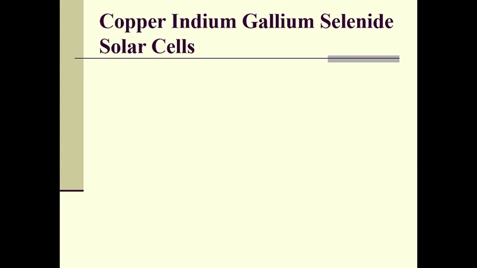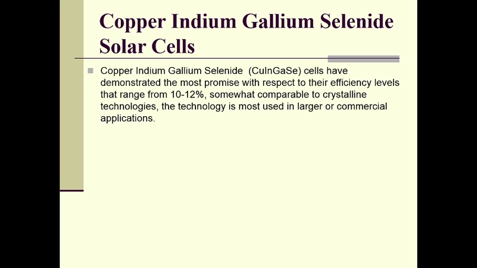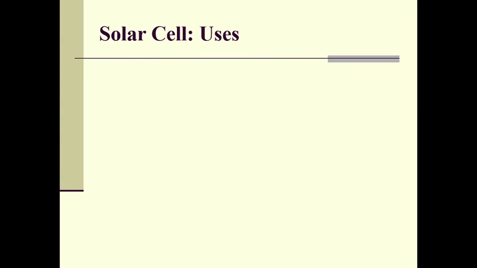Then we have the copper indium gallium selenide, or CIGS, solar cells. They have demonstrated the most promise with respect to efficiency levels, which range from 10 to 12%, somewhat comparable to crystalline technologies. The technology is most used in larger or commercial applications.